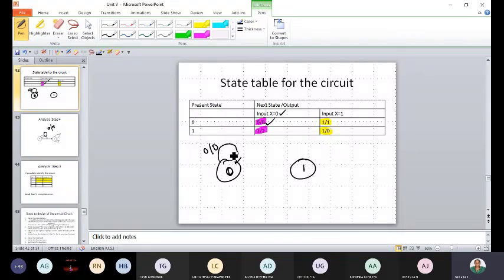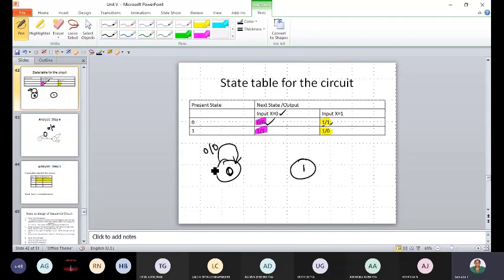And now when your present state is 0, here only, still you are here only. So when your present state is 0 and when your input is 1, and this is my output, right? This one is output. So when your input is 1, your output is 1. And what about your next state?